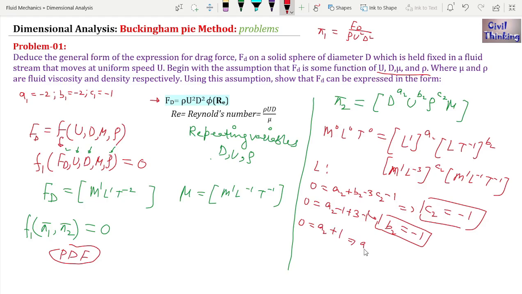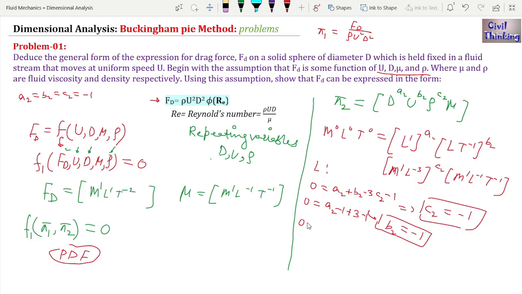So here we get a2 to be minus 1, right? So here we found a2 equal to b2 equal to c2 equal to minus 1, right? So we found the values.